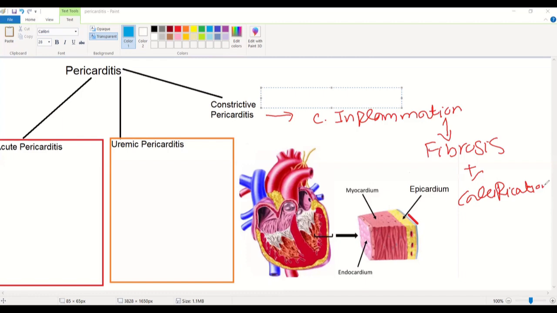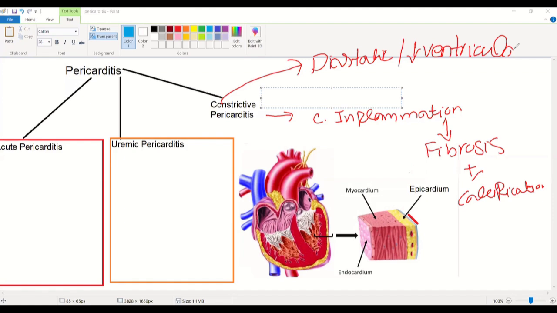So in this way, the pericardium becomes stiff. So constrictive pericarditis leads to the diastolic problem. Diastolic problem means decreased ventricular filling. So the ventricle is unable to relax because of the diseased pericardium.